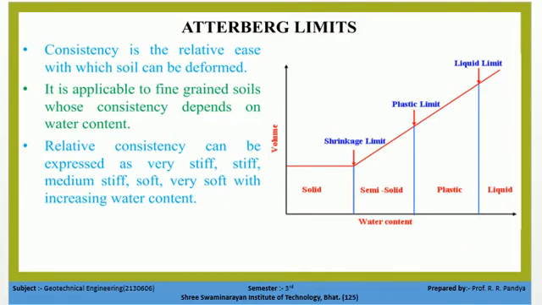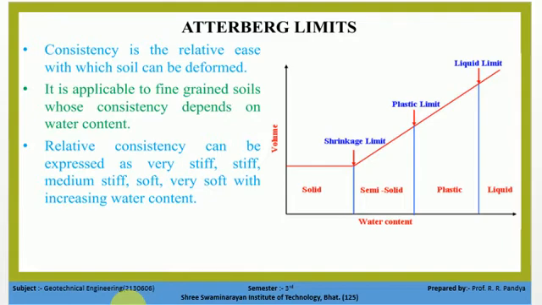Similarly, when the water content is less than the shrinkage limit, the soil particles start to crumble. In simple words, we cannot make a mold if the water content is less than the shrinkage limit.